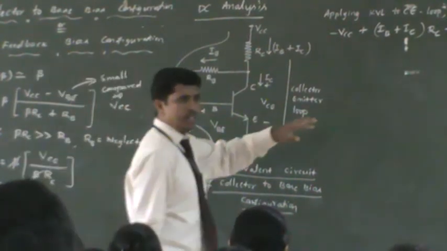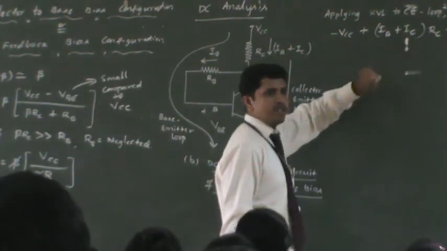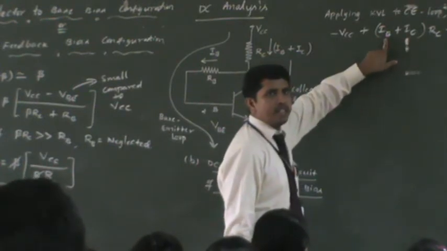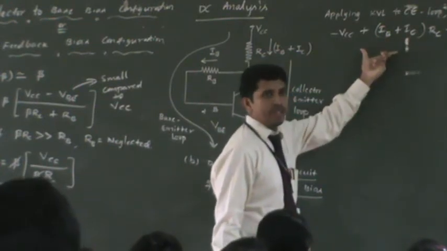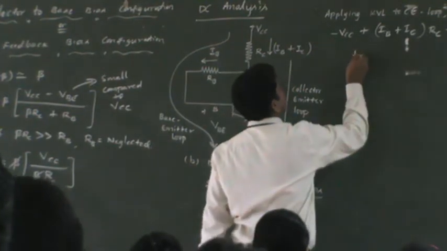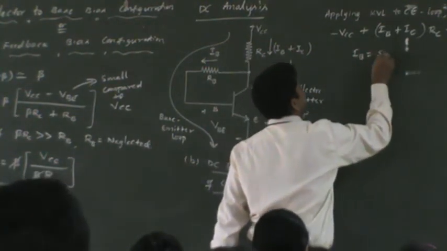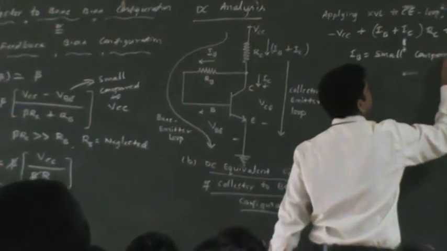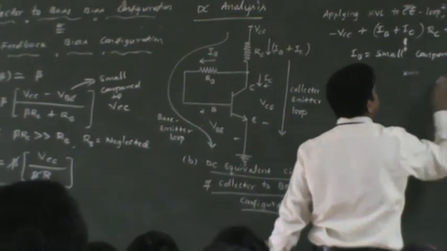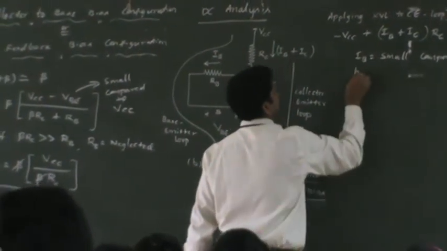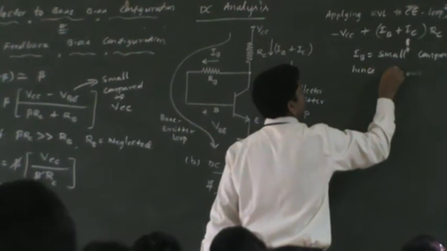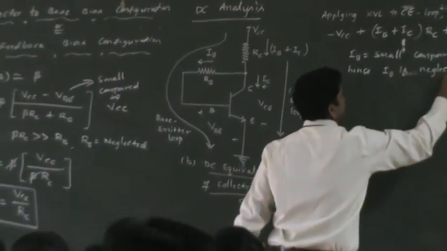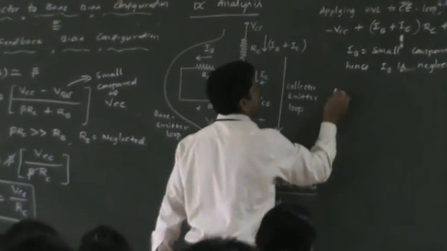And again, in this equation also we can do some approximations. IB is going to be smaller compared with IC, right? We can neglect this value IB so that this equation gets simplified. So you can see here IB is small compared to IC, hence it can be neglected. What will be the rest of the equation?